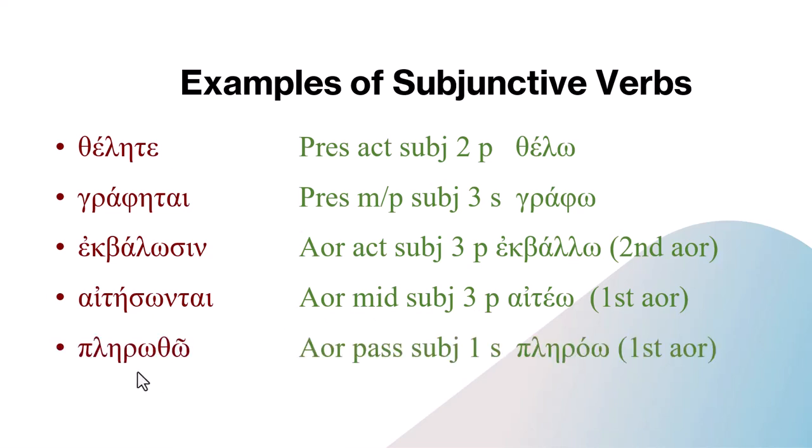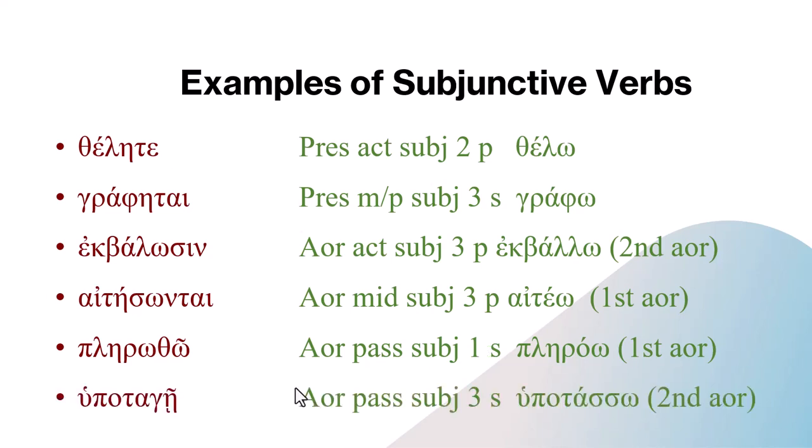And then we have plerotho. This is an aorist passive subjunctive. Notice the theta, and then the ending has this circumflex on it, from plerao. Meaning depends on context, but something like, in order that I may be filled, or in order that I be filled. Here's an example of an aorist passive from a second aorist.